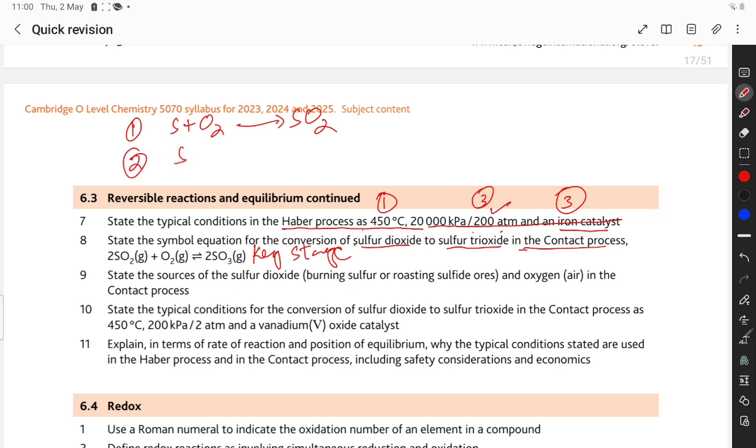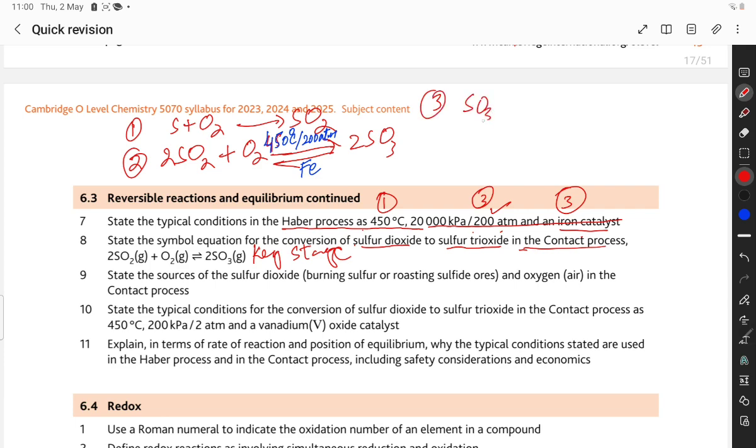The second stage is sulfur dioxide, this is the key stage, plus oxygen to form SO3, and this is a reversible reaction. And in this case you should know that 450 degrees centigrade is the temperature, 200 atm pressure, and iron as a catalyst.